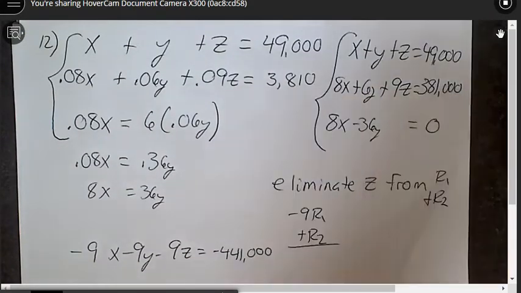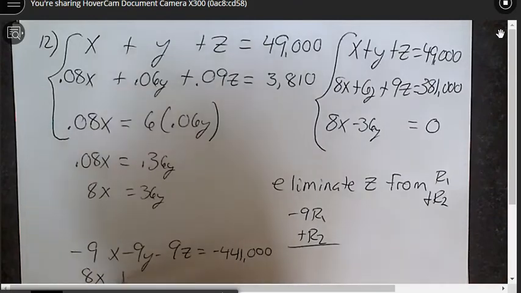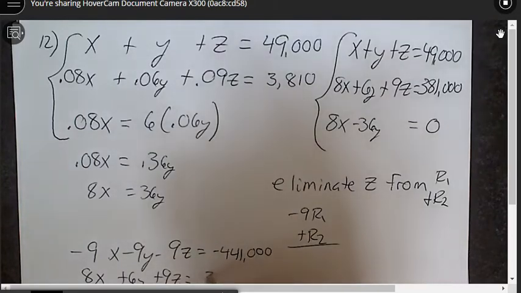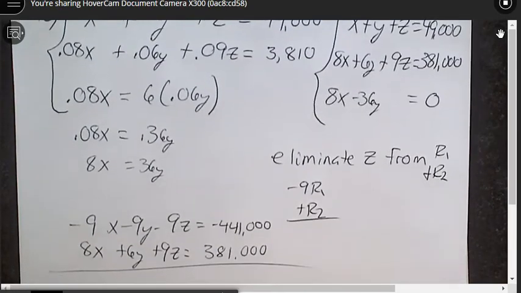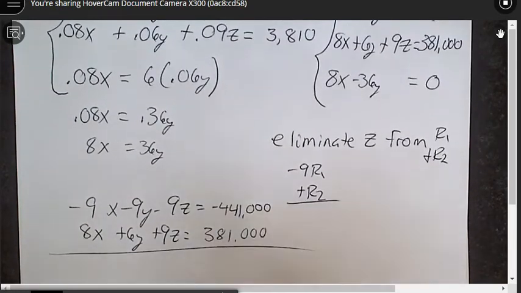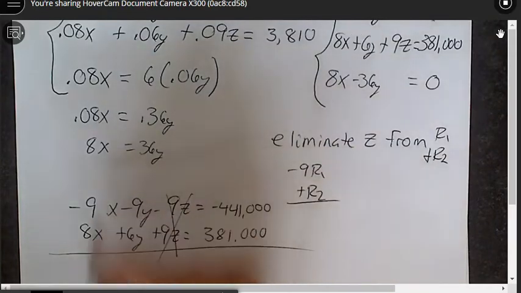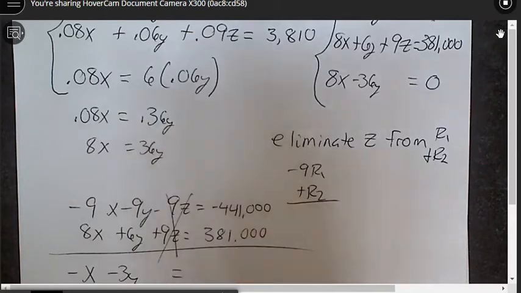Okay, that equation is good just like it is. It's 381. Okay, so again, the Z's are gone, which is what we want. We got negative X minus 3Y equals negative 60,000.